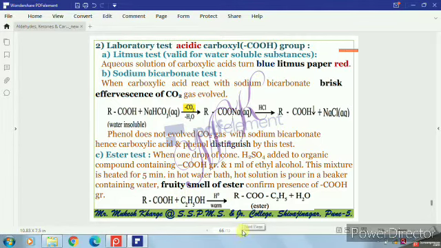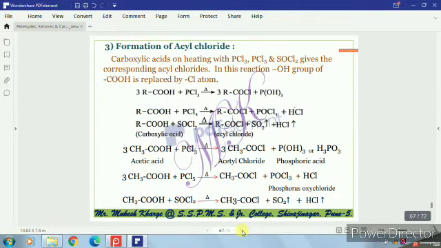Then the next one is formation of acyl chloride. Carboxylic acid on heating with PCl3 phosphorus trichloride, PCl5 phosphorus pentachloride, or SOCl2 thionyl chloride gives the corresponding acyl chloride.